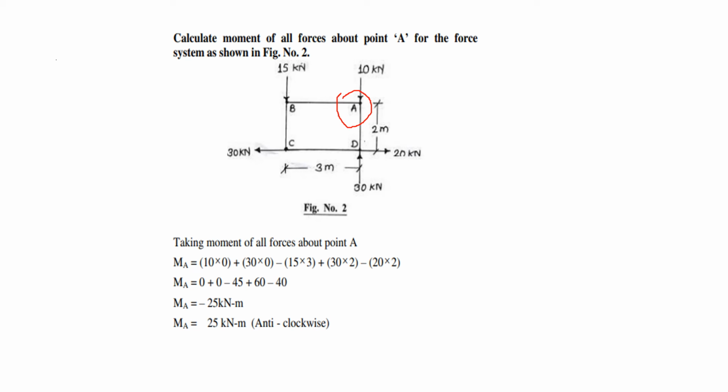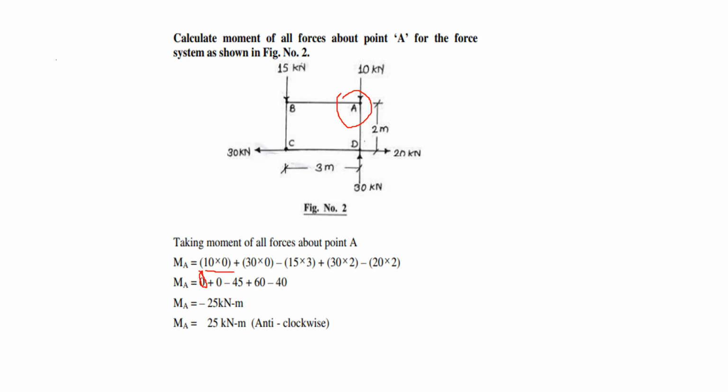Moment we will take as force into perpendicular distance. So for 10, which lies at point A, there is no distance, so 10 into 0. So automatically this value will be 0. Then plus 30 into 0. Now which 30 is this?